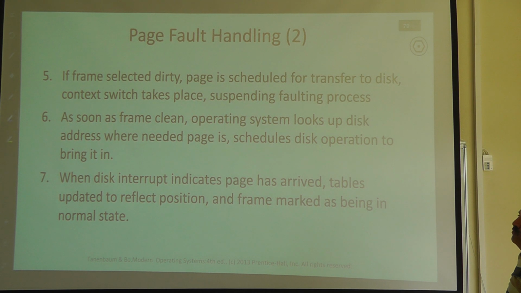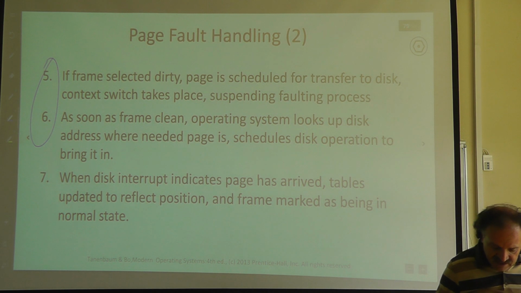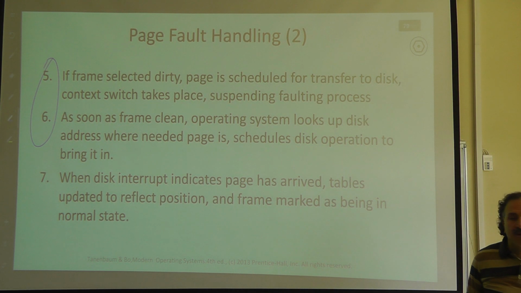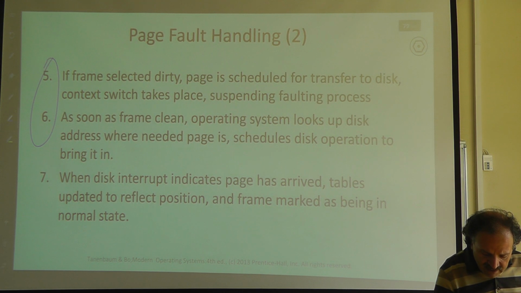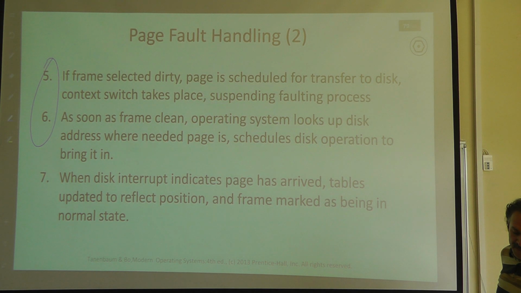Again, it takes some time too. So 5 and 6 are expensive. Both of them cause the process to be blocked and cause context switches. They are expensive.